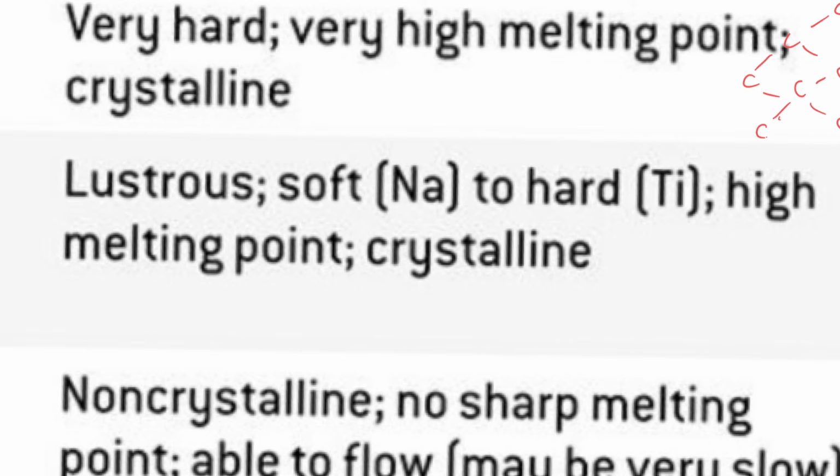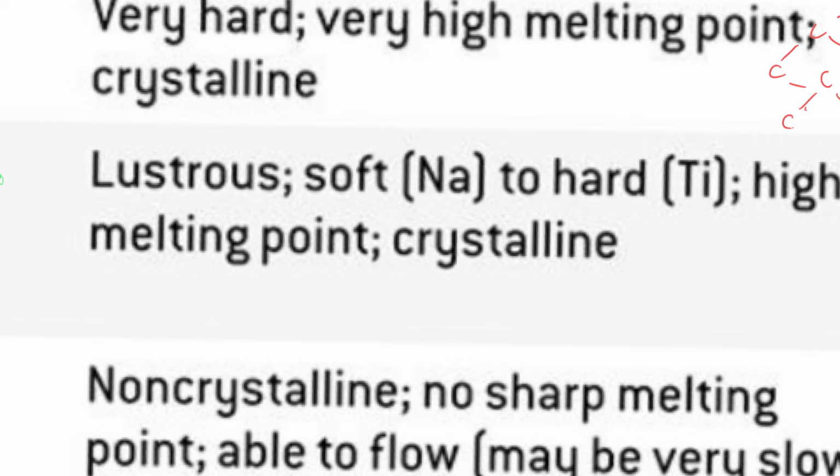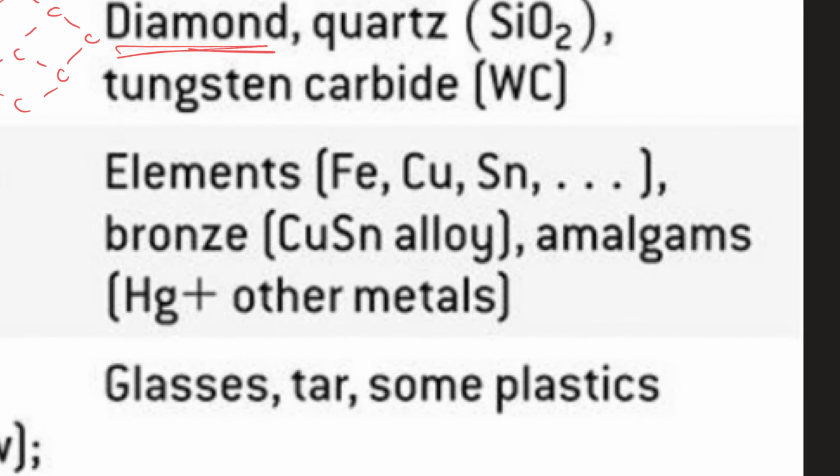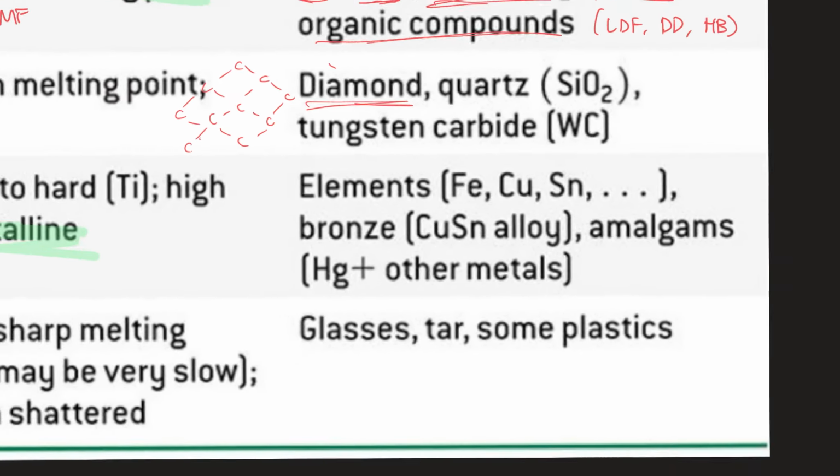And then you have this orderly crystalline structure, okay? Now, some examples of metals and alloys. Metal elements such as iron, copper, tin. Alloys are just mixtures of metals, like bronze and steel. These are just some of the examples, okay?